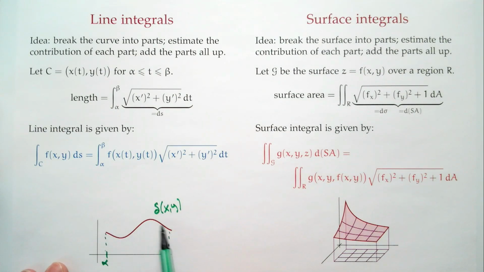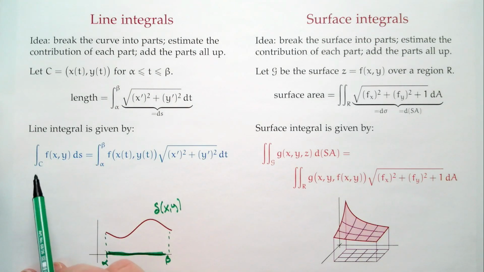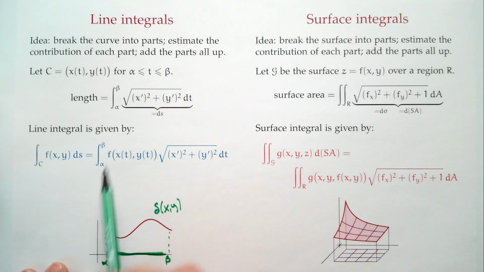You're saying there's this integral that computes density, and I'm going to transform it to a similar integral between alpha and beta. So I can go from the curve into this alpha to beta by appropriately weighting things. And the way I do that is by the value of the function and this little piece of length.